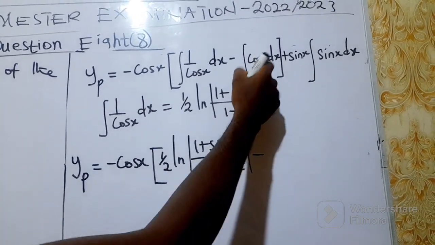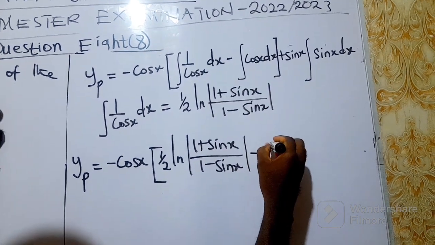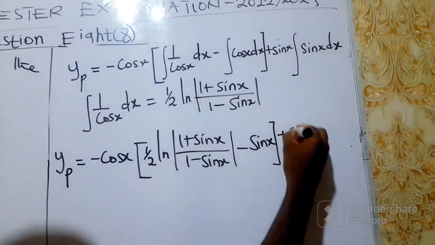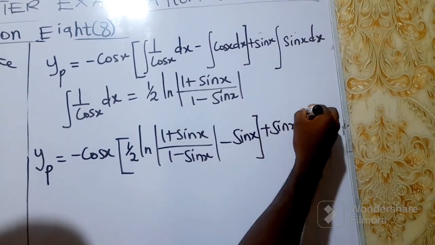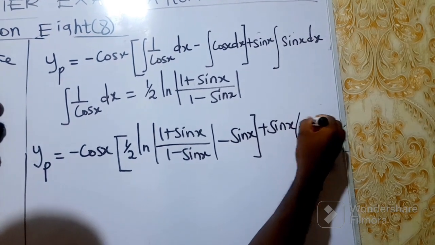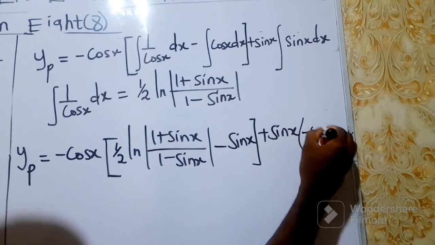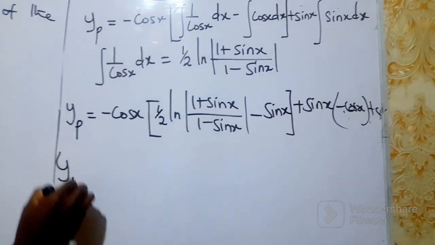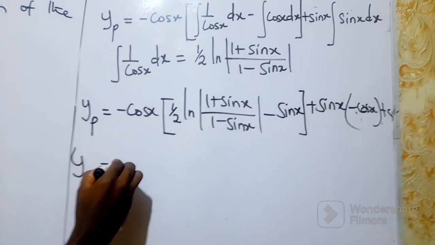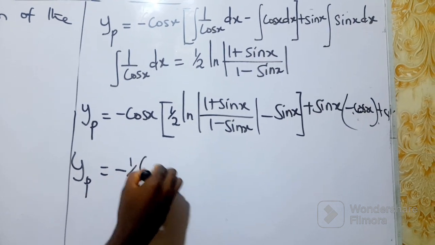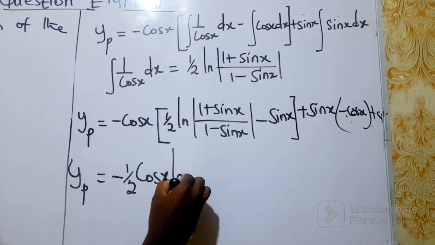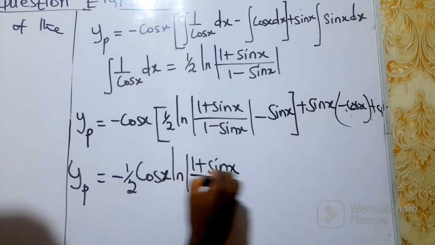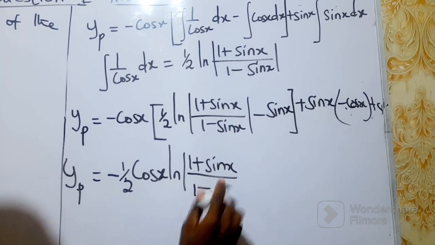So minus the integral of cos x is sine x, then plus sine x, the integral of sine x is negative cos x, then plus our constant of integration. So our y of p will be equal to, when we distribute this, we'll get negative half cos x ln the absolute value of 1 plus sine x over 1 minus sine x.